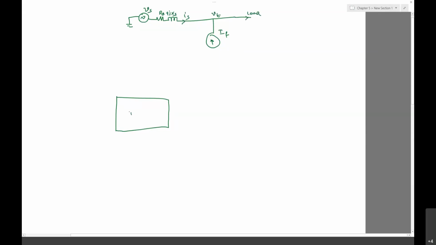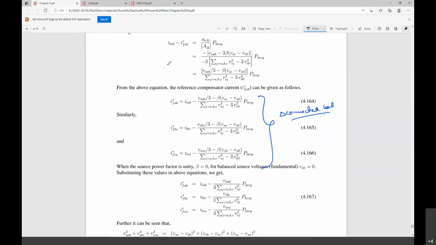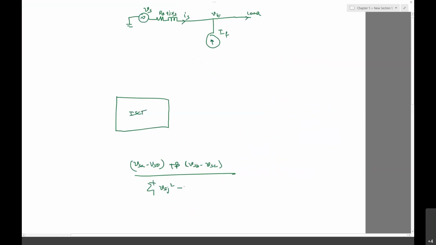For the instantaneous symmetrical component theory, the equation which you have seen is something of VSA minus VS naught plus beta plus tan plus VSB, and this is one of the equations I'm giving, something of summation of VSJ whole square minus 3 VS0 square, PL average.